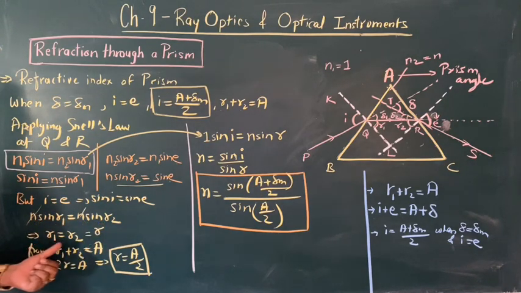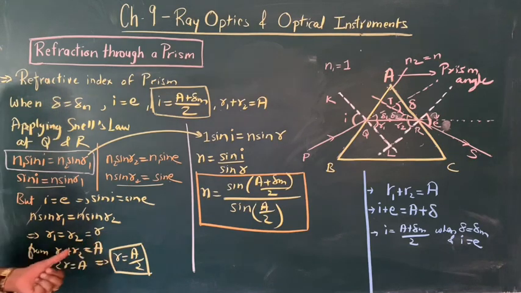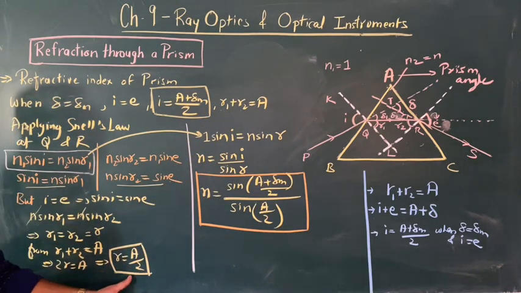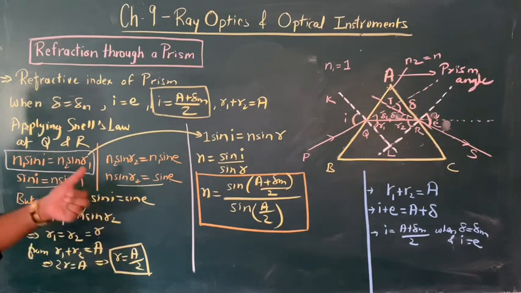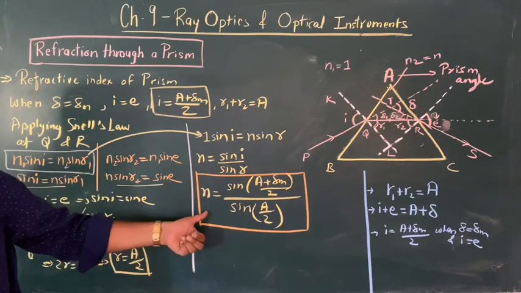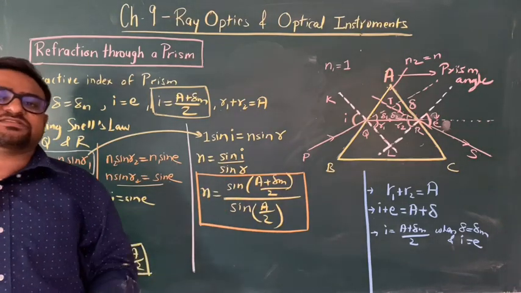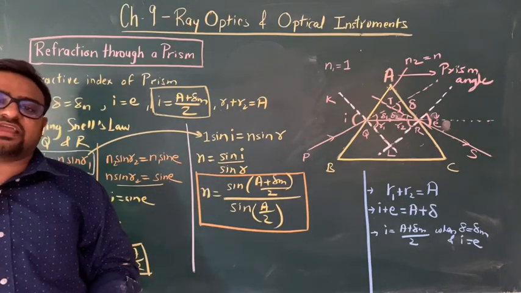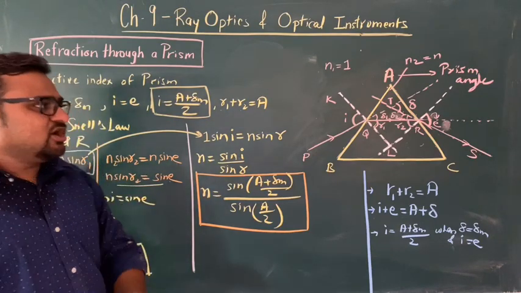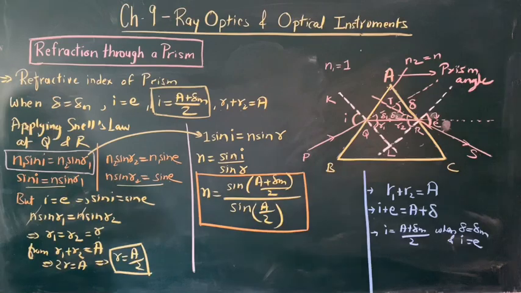So I got r1 equal to r2, and i equal to e. Putting this value in this, I got r equal to A by 2 when there is minimum deviation. So again taking Snell's law, putting the values of i and r, I got n equal to sin (A plus delta m by 2) upon sin (A by 2). Clear? So just note down this topic.